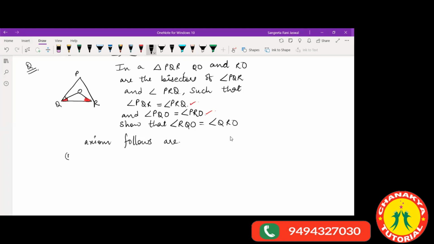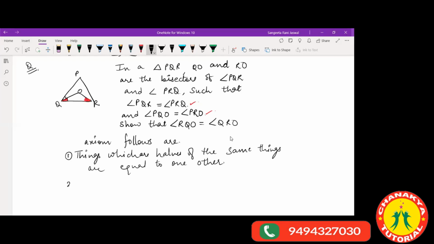We don't have to write the second or seventh, but we have to write the statements. So you said things which are halves of the same things are equal to one another. Yes, this was the axiom that followed, and it can be said in another way also.